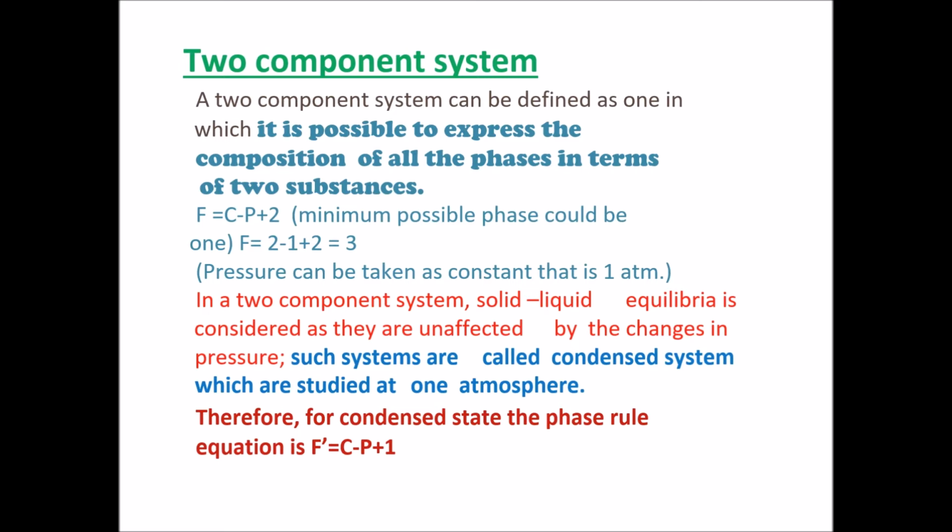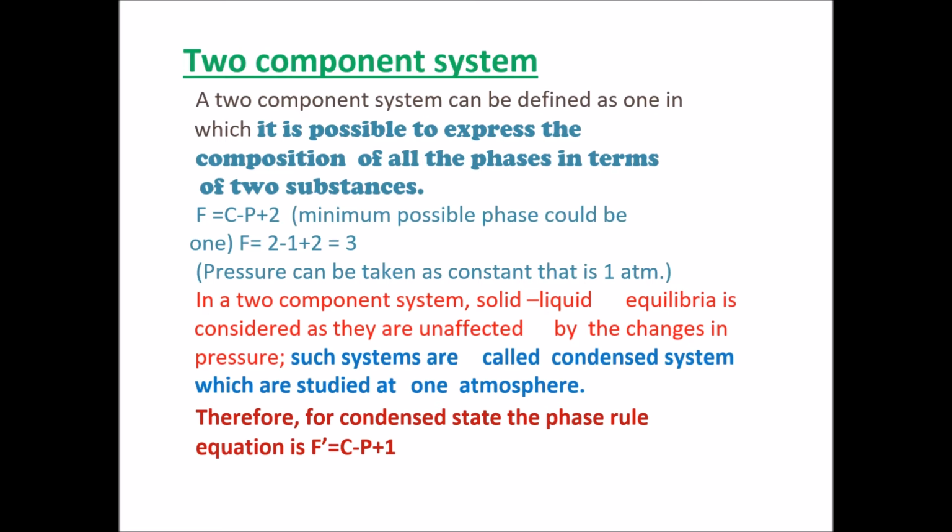If the degree of freedom is 3, it means a minimum of 3 independent variables are required at a time to present the system, which is not possible in a phase diagram, because on the x-axis and y-axis we can take only 2 independent variables. Since we are talking about metals, in the case of melting point, pressure can be taken as constant, that is 1 atmosphere.